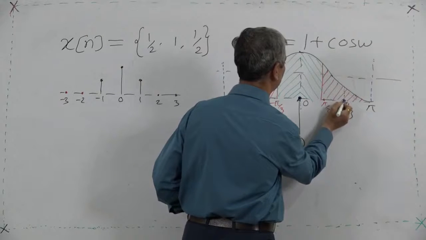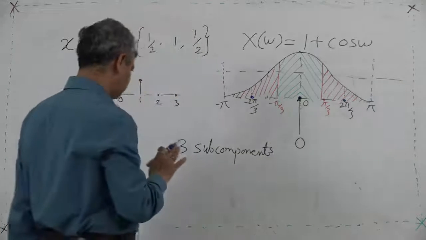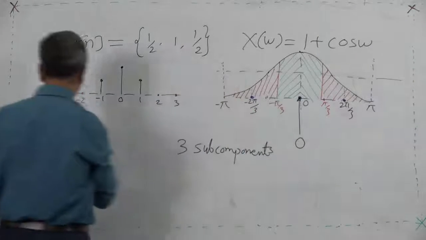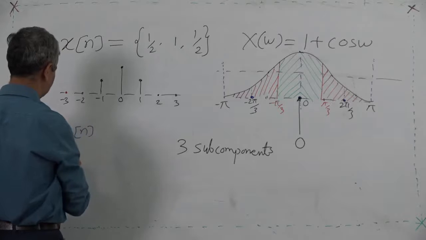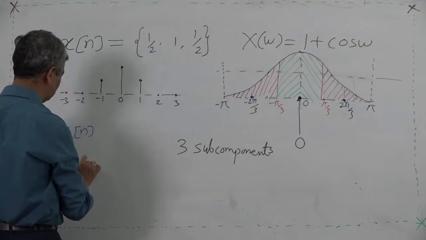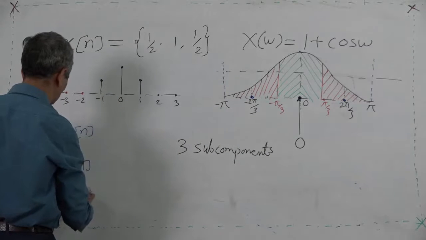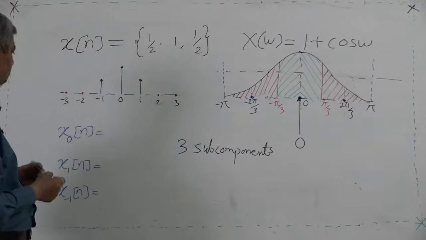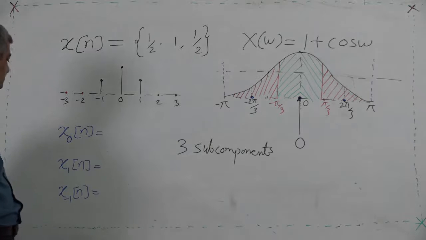So, I will call these x0n, x subscript 1n, and x subscript minus 1n. So, the 3 subcomponents are x0n, x1n and x minus 1n.